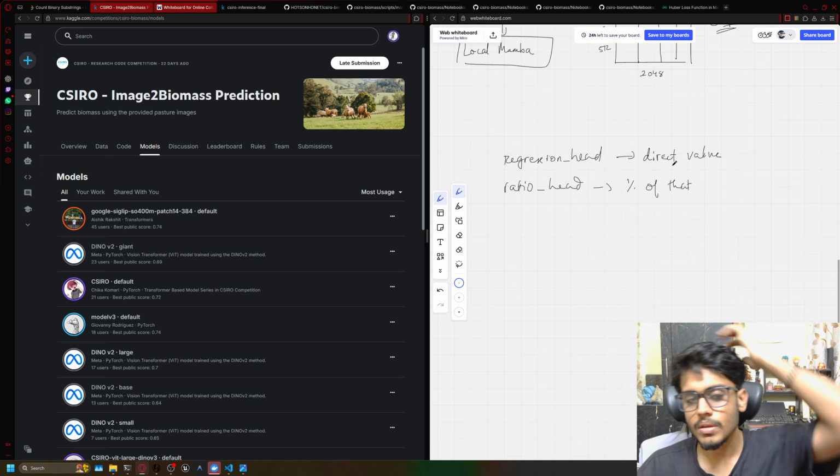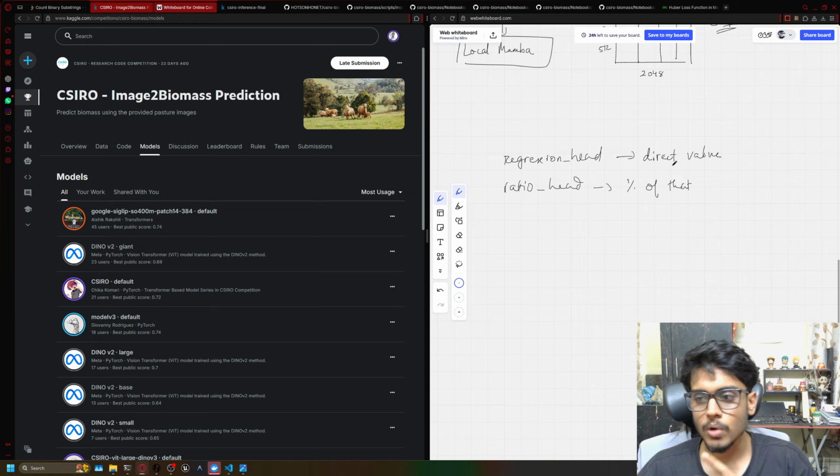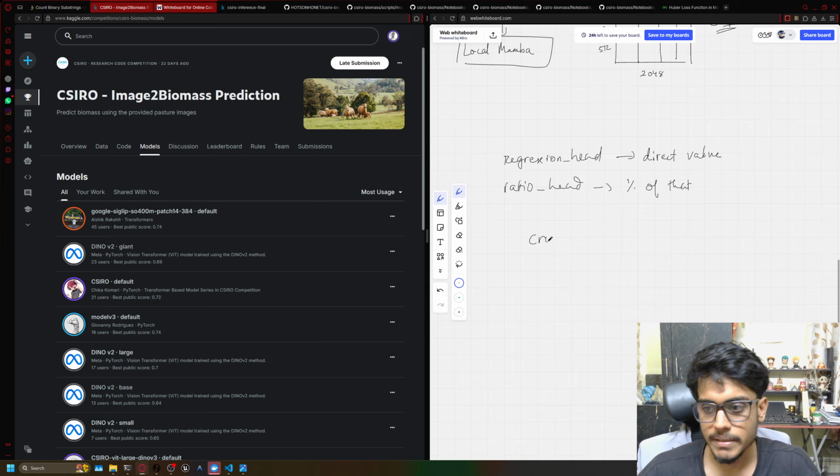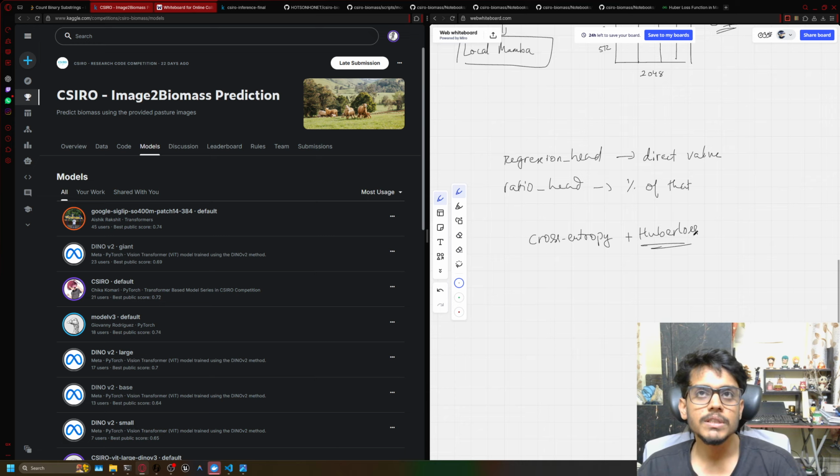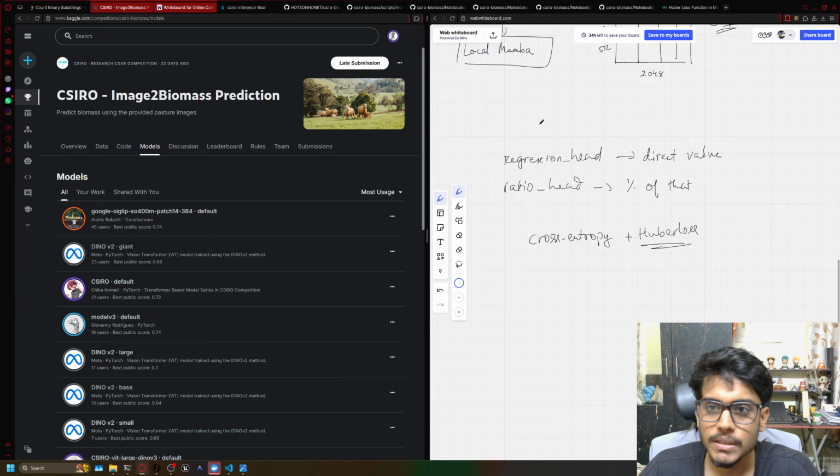So I was using a mixture of two loss functions. One is my friendly cross entropy loss function, and the other loss function that I use is the Huber loss function. I was using Huber loss over the ratios.